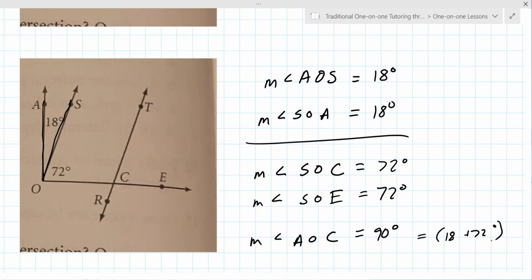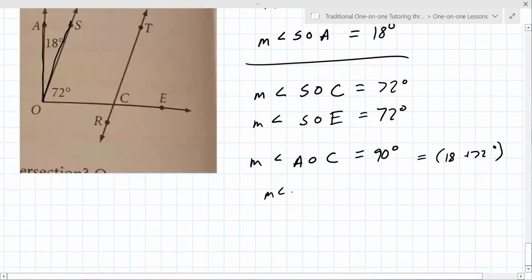And then I could ask, and this is the same value, what is the measure of angle COA, the measure of angle EOA? It's still that.